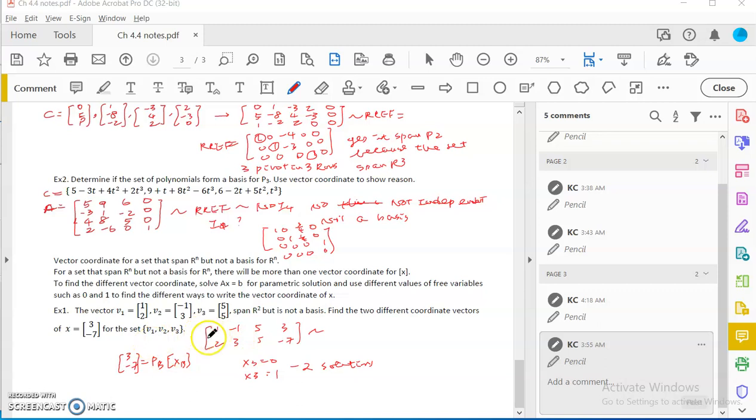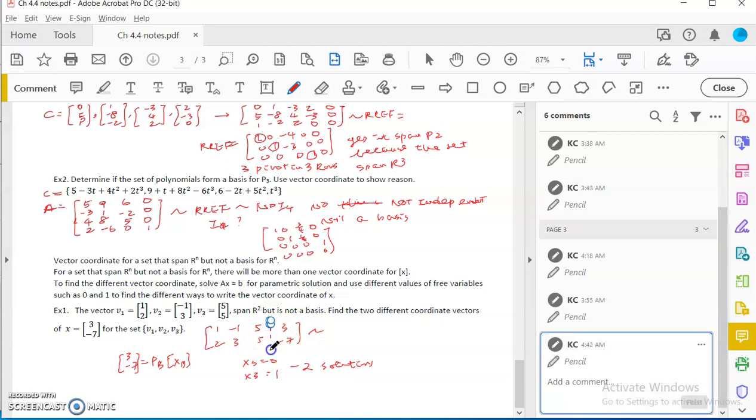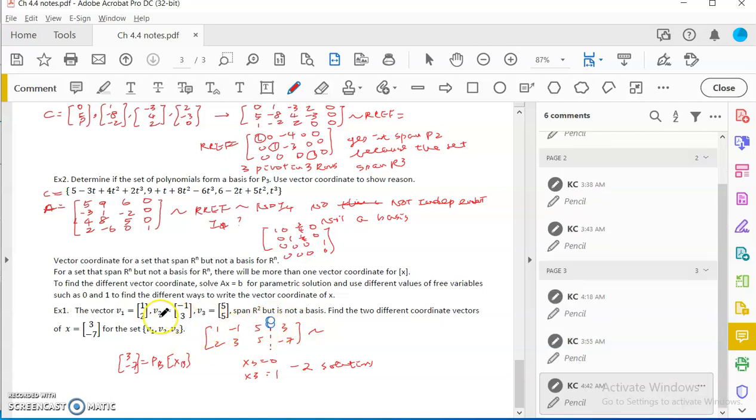To solve, you would use the equation x = P_B [x]_B. Even though this is not a basis, it still works because you just want to know how you can combine these vectors to get (3, -7).